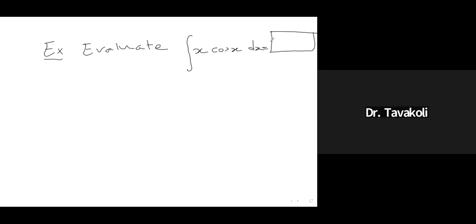If you try the substitution, you wouldn't get anywhere. This is not an integral that we can do by using substitution. Of course, we can try to see why the substitution is not working here.